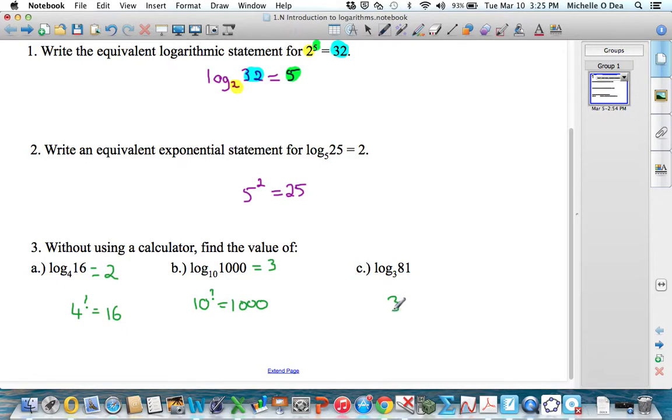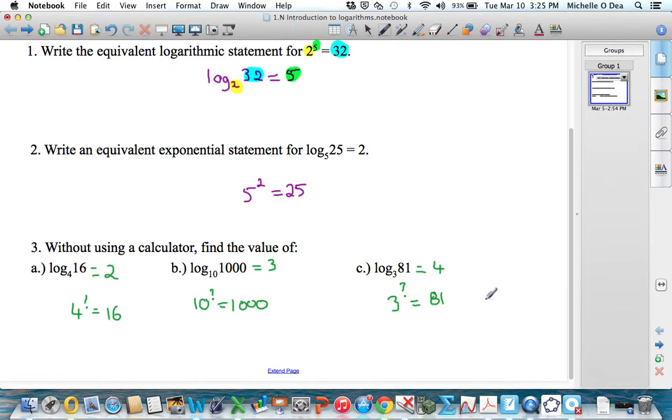So the base of the log becomes the base of the exponential. Just remember, all it's doing is rewriting it a different way. So 3 to the power of something, and the 81 becomes the answer. Hopefully by now, with your knowledge of exponentials, you should be familiar with quite a few of these different powers. So hopefully you now know that 3 to the power of 4 gives us 81. So log of 81 base 3 is equal to 4.